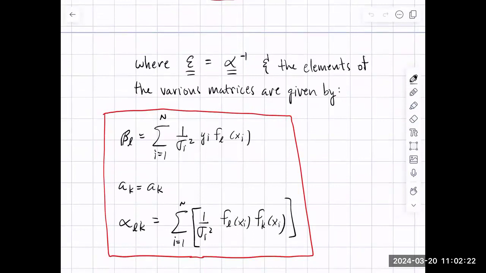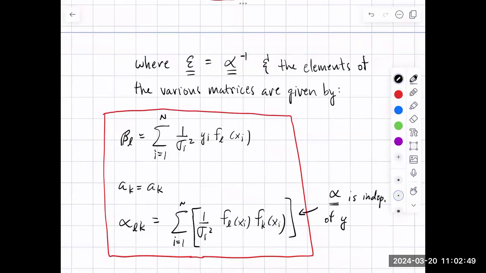One thing that's important to note, especially for what we're going to do today, is that the only place where y appears is in the beta matrix. So this alpha is completely independent of y. Alpha is independent of the yi values.